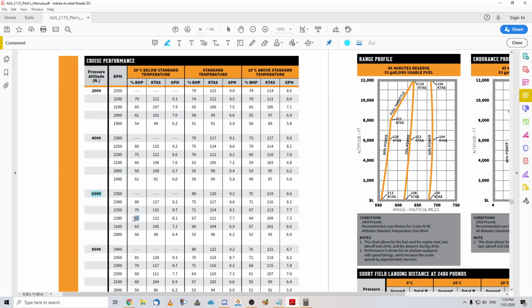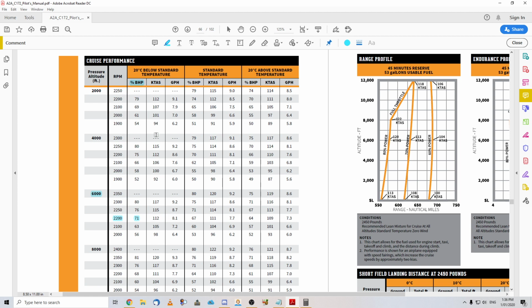Which 70% brake horsepower, which is up here, equates to 2,200 revs, and I find that is just lovely. You're not going to get there in a real rush, but you're going to be using a lot less fuel because, as you can see, the higher the revs, obviously, you're using more fuel.